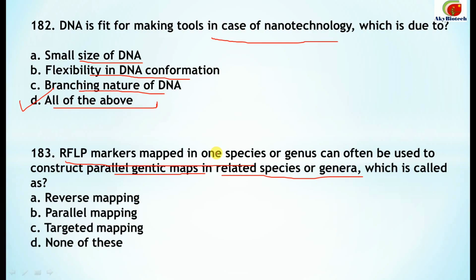So this is known as parallel mapping. B is the correct option.